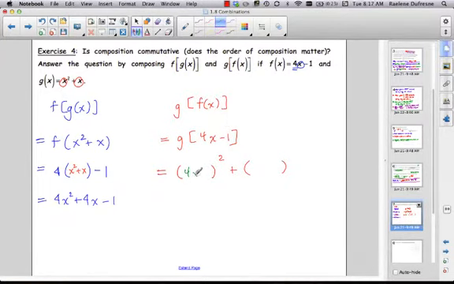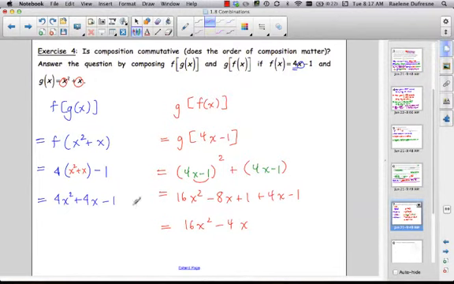So here we have 4x minus 1 is the stuff, and we can expand carefully. We square the first, we multiply these two terms together and double, so we get negative 8x, and we square the last, including the negative sign, to get plus 1. And then we collect like terms, and we get 16x squared minus 4x.